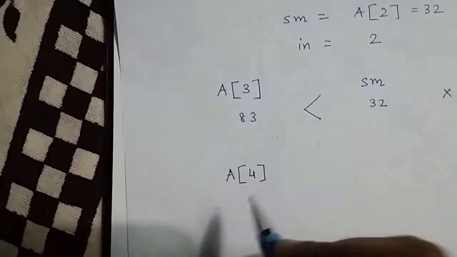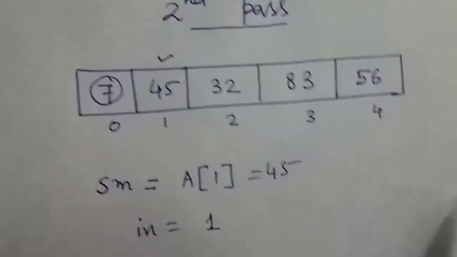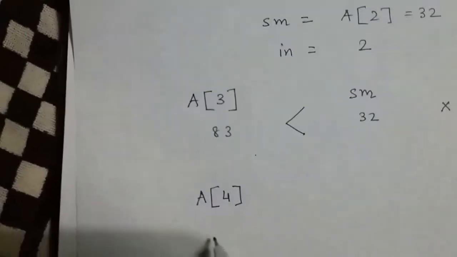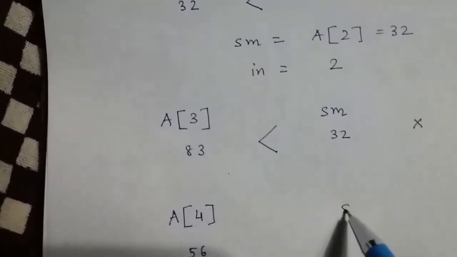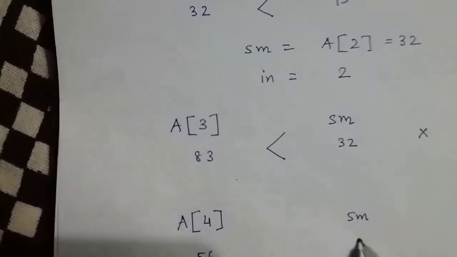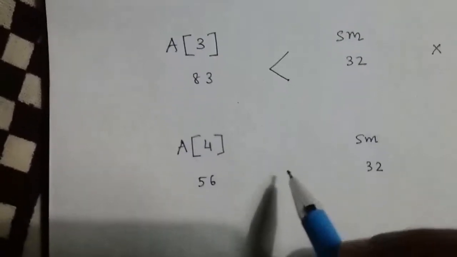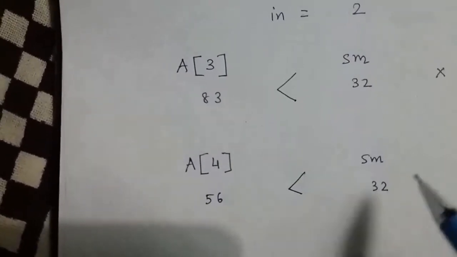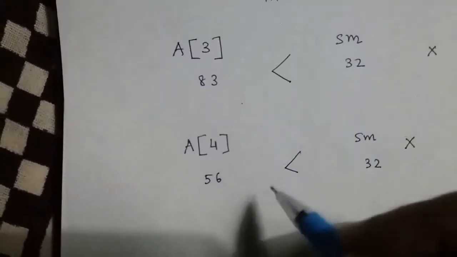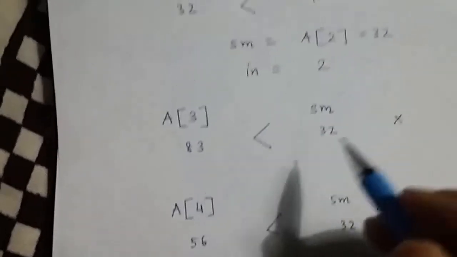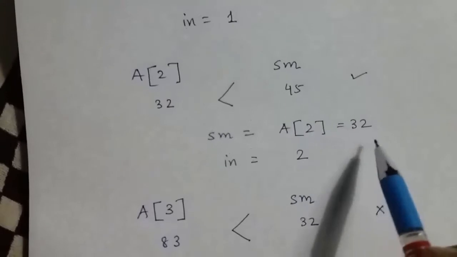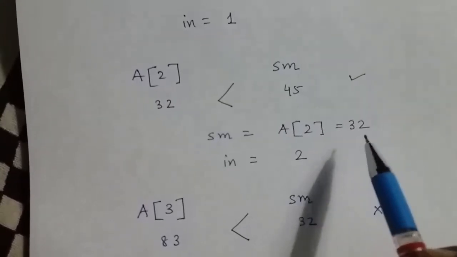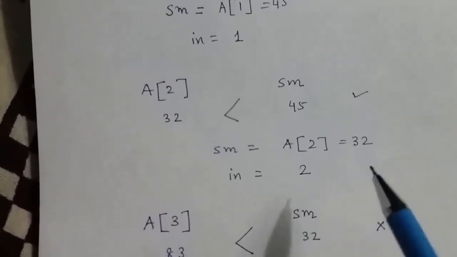A of 4 means 56, as you can see here. So the value of A of 4 is 56, and SM is 32. So 56 is less than 32, obviously not, so the value of SM will remain unchanged. So the final value of SM is 32 in this iteration, in the second pass.